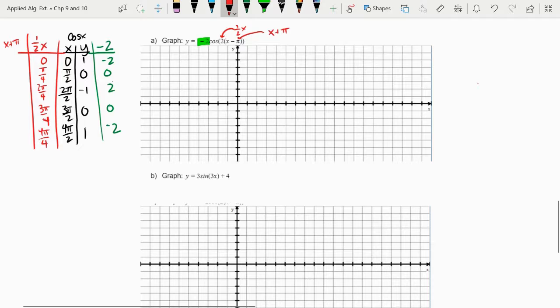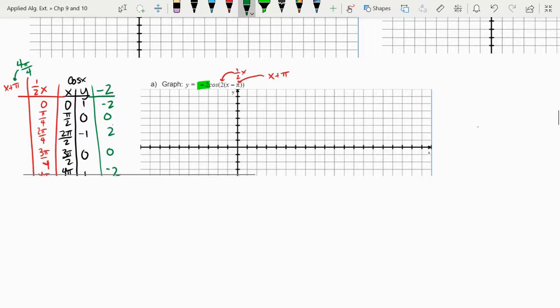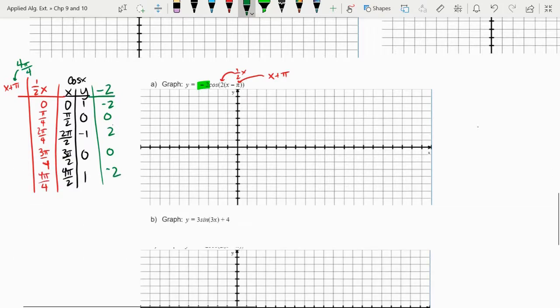And then adding pi to them, since all our denominators are 4, I'm going to write this as denominator 4. It'll be 4 pi over 4. So this guy will be 4 pi over 4. This will be 5 pi over 4. And we see the pattern after 1 or 2, hopefully.